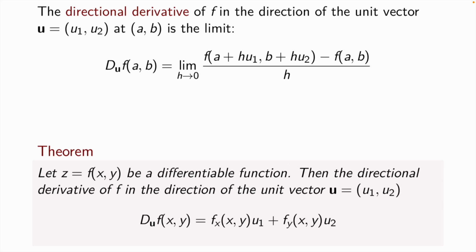In order to calculate this derivative, this theorem gives us a practical way, since it says that the directional derivative at a point (x, y) is equal to the partial derivative with respect to x of the function at the point (x, y) multiplied by the first component of the vector, plus the partial derivative with respect to y at the point (x, y) multiplied by the second component of the unit vector, (u1, u2).